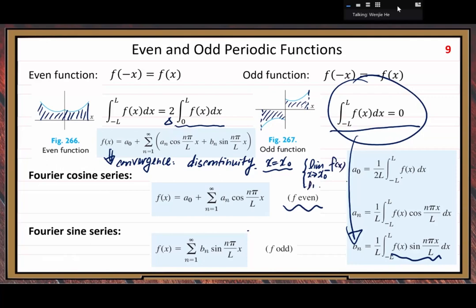So we need to look at these two limits at each discontinuity point. And we need these two limits to exist, right? Left limit, right limit, both exist.